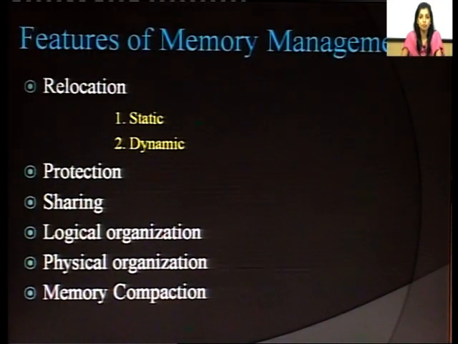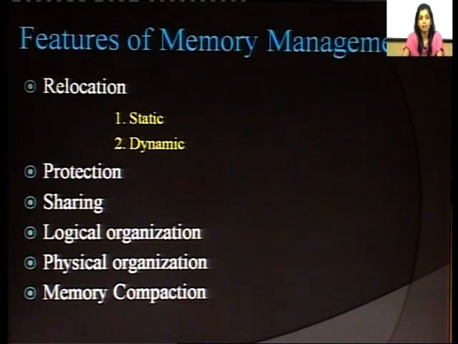There are some features of memory management. First is relocation, which has two types, static and dynamic. Relocation means that while we are swapping a process in or out of memory, its relocation is different, either static or dynamic. Second is protection: how we protect our memory, either in read mode or write mode.